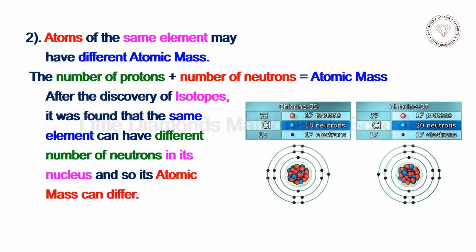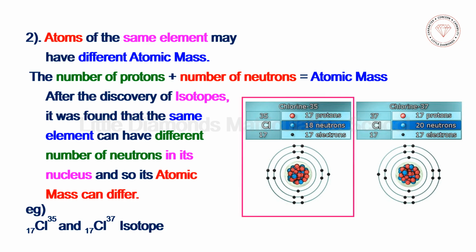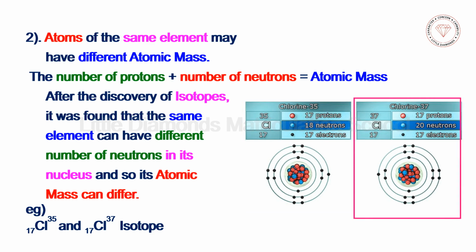Example, chlorine-35 (17) and chlorine-37 (17) isotopes. The chlorine atom has 17 protons and 18 neutrons in the chlorine-35 isotope and 17 protons and 20 neutrons in the chlorine-37 isotope. So, the atomic mass varies.